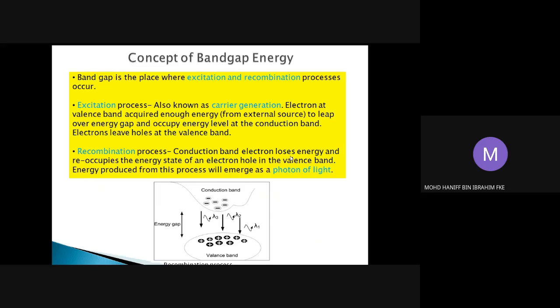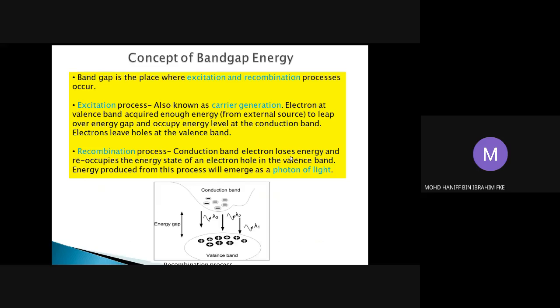Then we have another process called the recombination process. The electron, which is now located at the conduction band due to the excitation process, will eventually lose energy and reoccupy the energy state of the electron hole in the valence band.